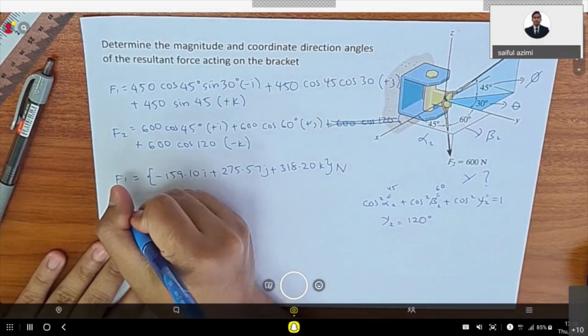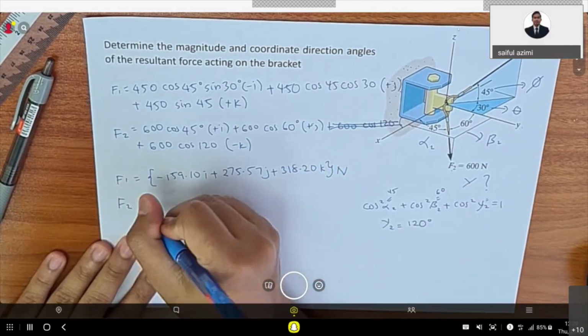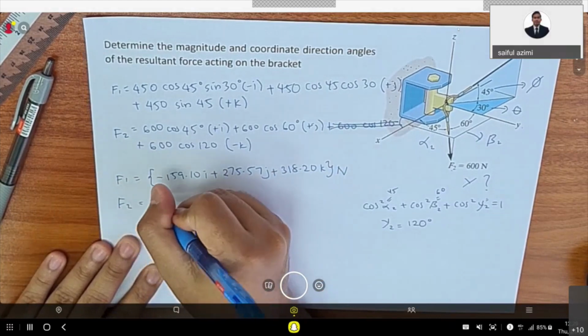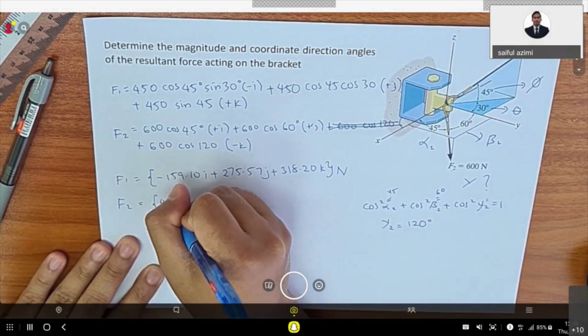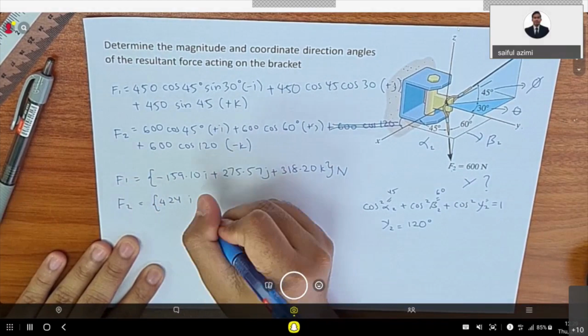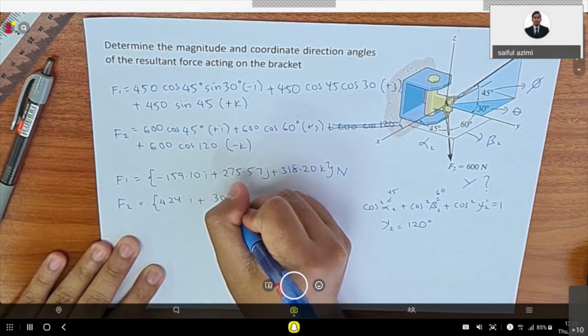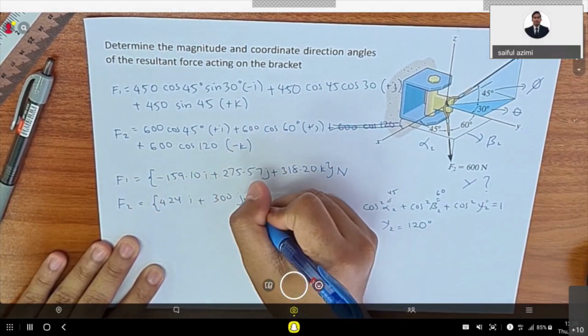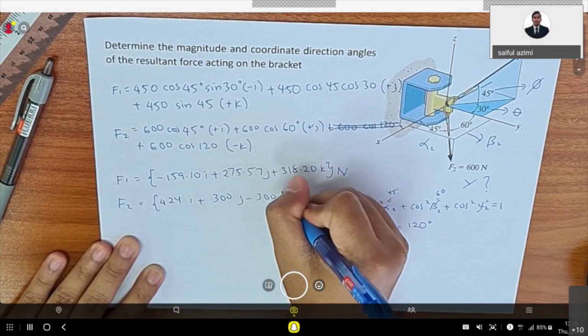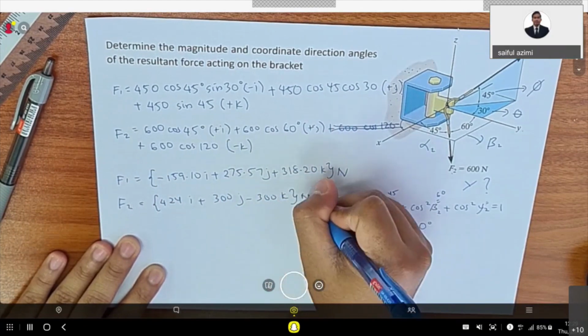So for your F2, you will get 424I plus 300J minus 300K Newton.